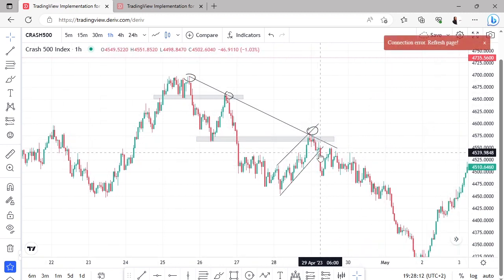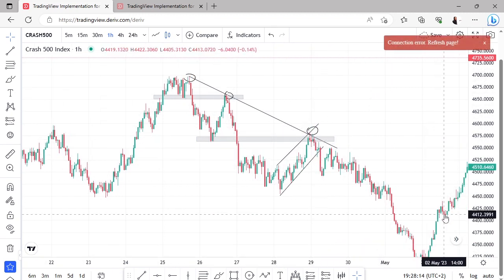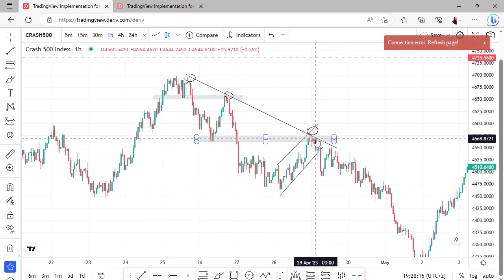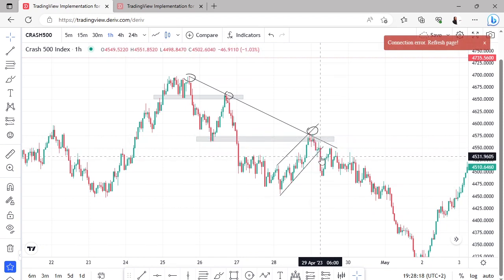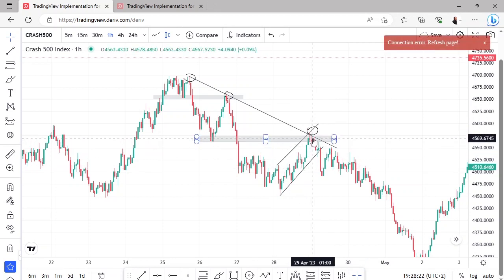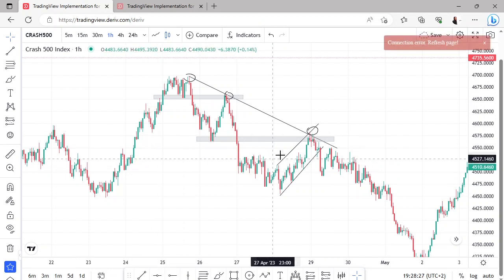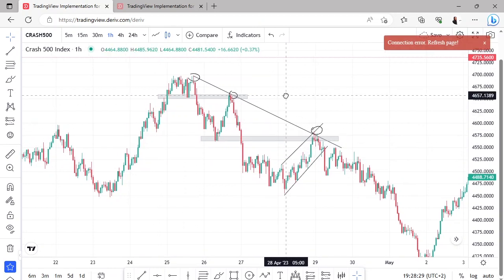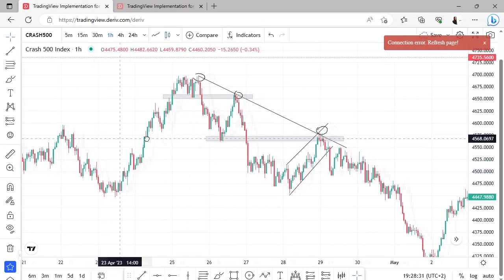So you would have sold here at the breakout if you missed this touch over here, but then I don't really depend on touches. I depend on structures being built and how the market goes back to create the third touch. So overall we can see we had this beautiful bearish flag.